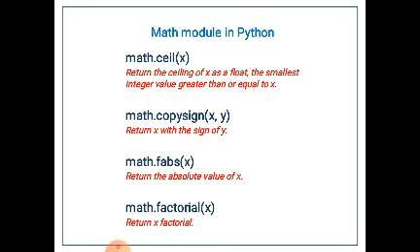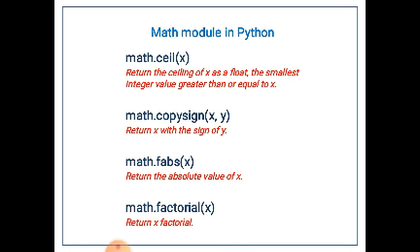Now we have another function, math.copysign(x, y). Whatever the sign y possesses here, that will be given to x, either negative sign or positive sign. Whatever the sign that y has will be assigned to x.